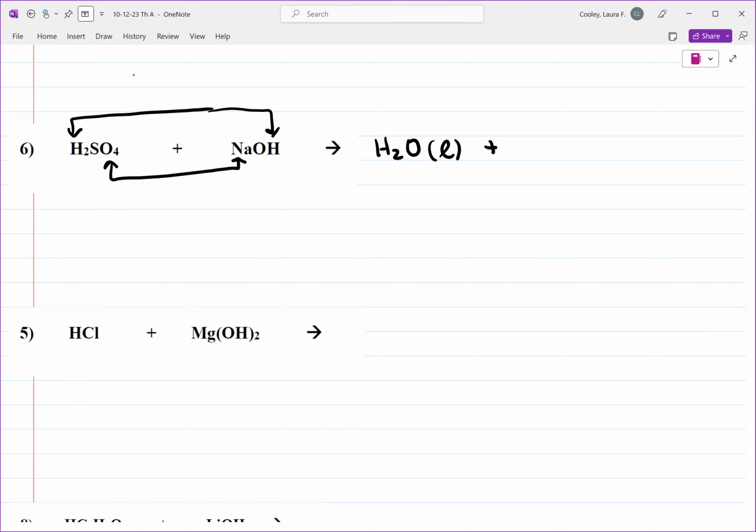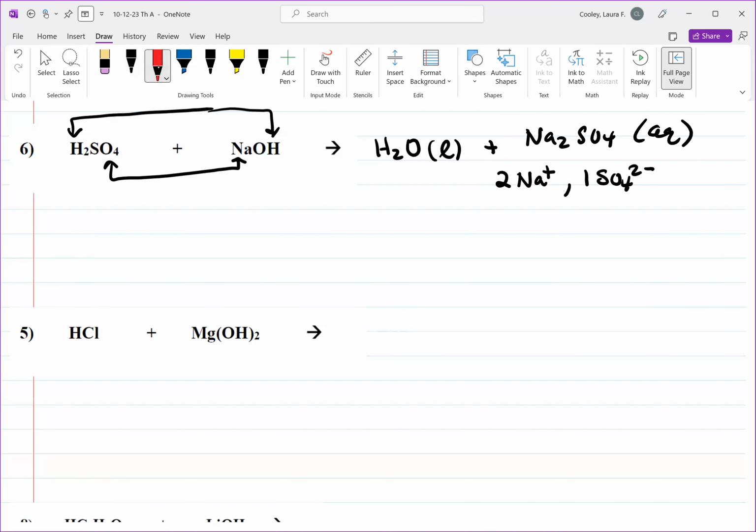And the other product is going to be from sodium and sulfate. So what's the formula going to be? Right. Because you need 2 to balance 1. And sodium sulfate is aqueous. So these are the products of this reaction.